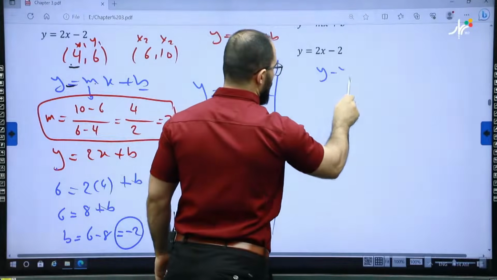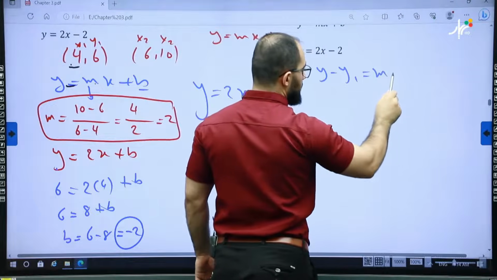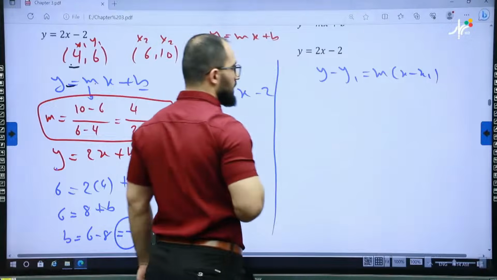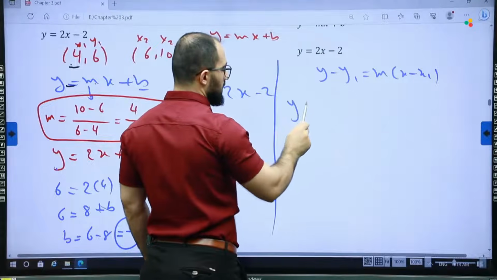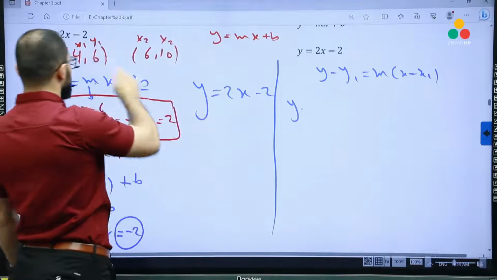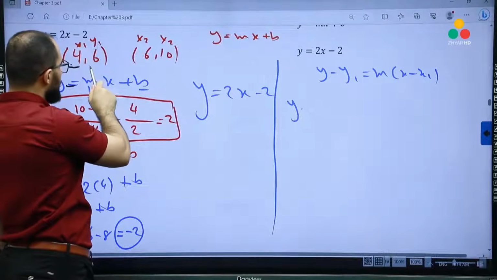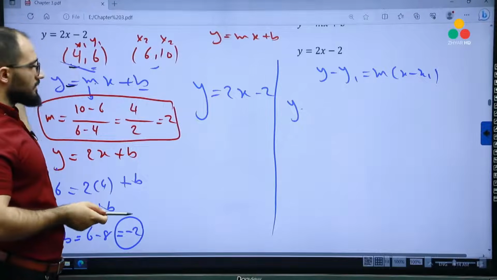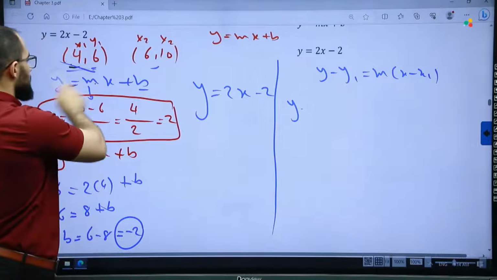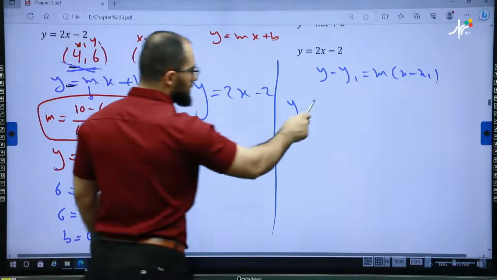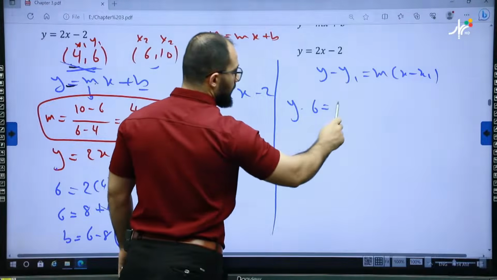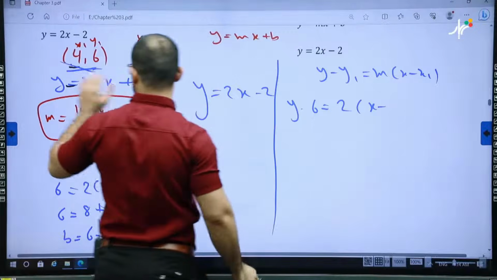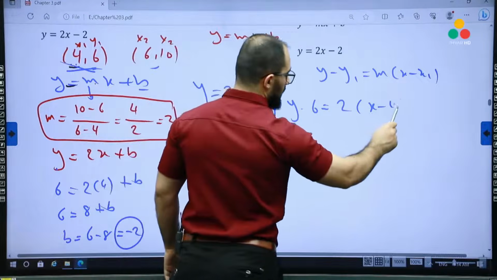If you think this way is difficult, we can use y minus y1 is equal to m times x minus x1. Choose one of the points, either the first or the second one, no difference. Let's use the first one. y minus 6 is equal to m, which was 2, times x minus x1, which is 4.